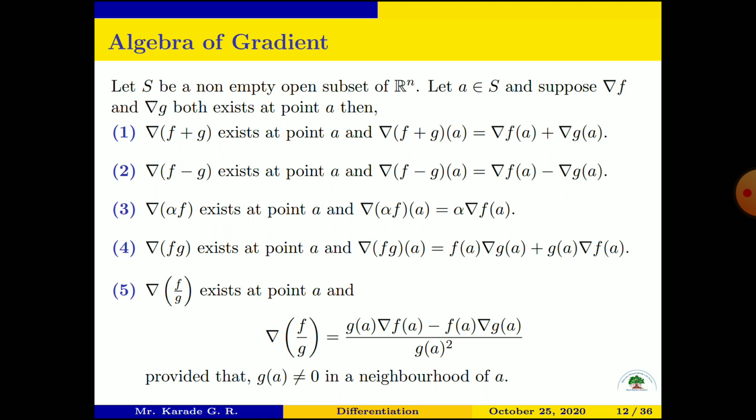Okay. So now fifth identity says that gradient of f upon g exists at point A, and gradient of f upon g is equal to g of A into gradient of f of A minus f of A into gradient of g of A whole divided by g of A square, provided that g of A not equal to 0 in the neighborhood of A. So these are the identities, or we can say that these are the algebra of gradient of a scalar valued function.